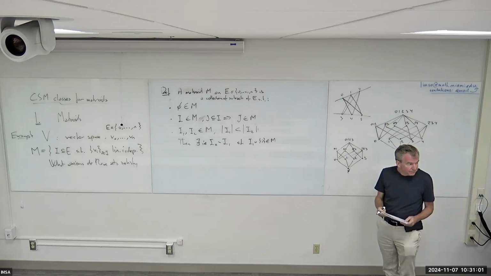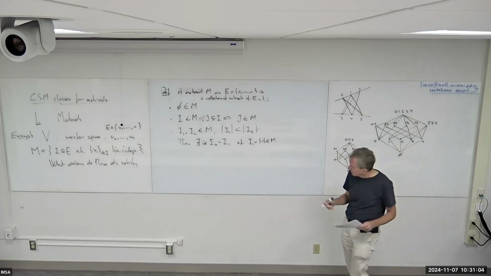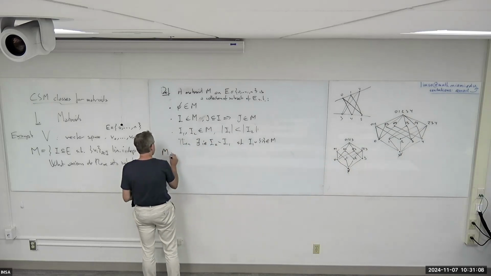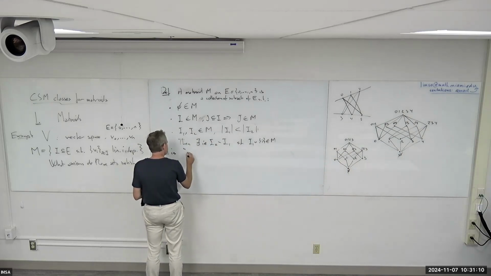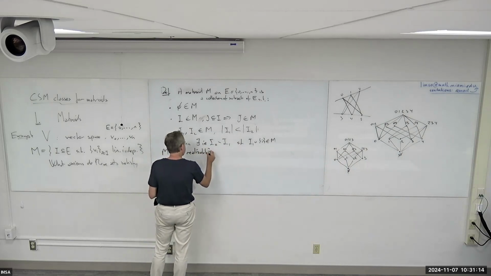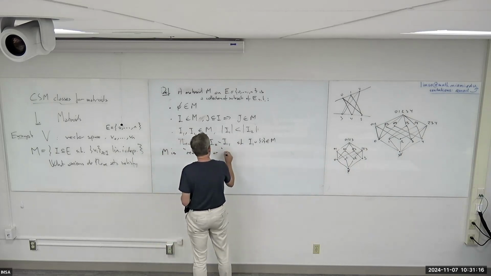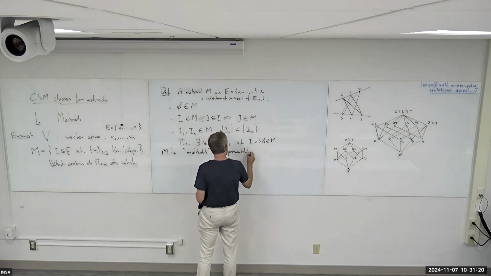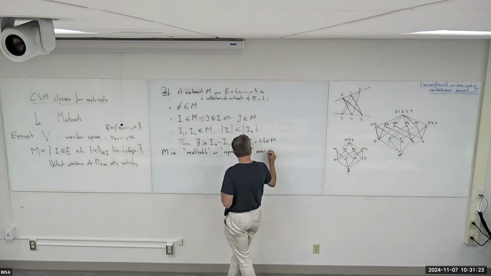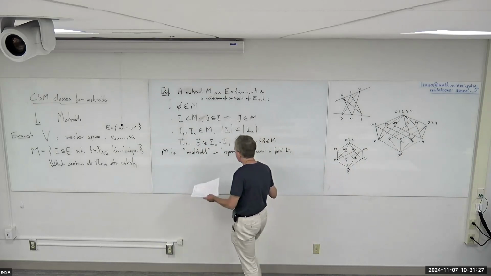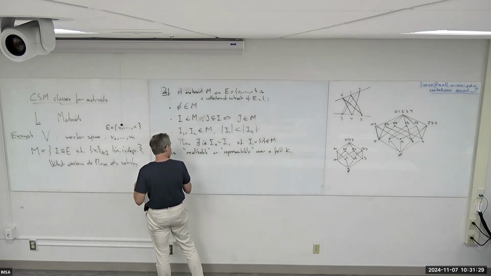But the question can also be asked, what field? So the answer is different for different fields. Let me, maybe as terminology, you say that M is realizable. I will use either realizable or representable. As far as I can tell, they are synonyms in this story. Representable over a field K means it can be realized by a collection of vectors in a K vector space.